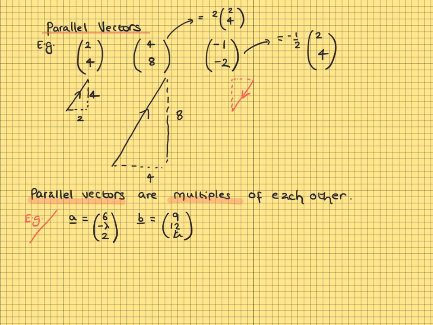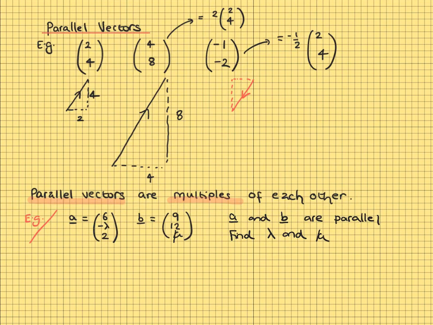I'm using the Greek letters lambda and mu here. So, supposing we are told that A and B are parallel vectors. Our mission is to try and find the values of lambda and mu that would enable vectors A and B to be parallel to each other.